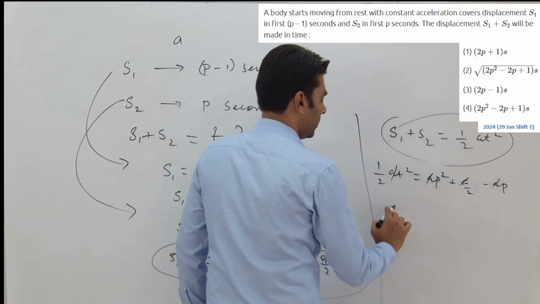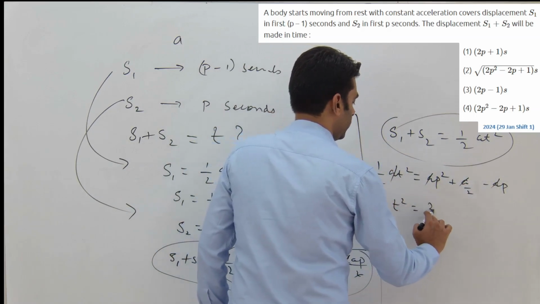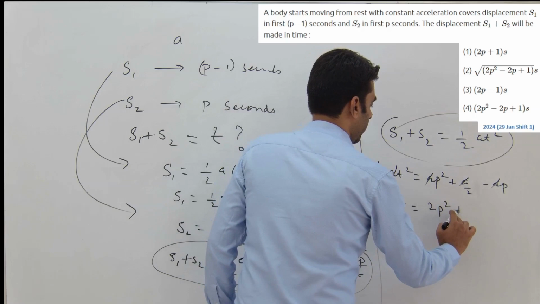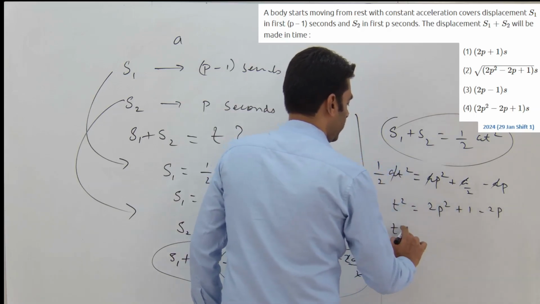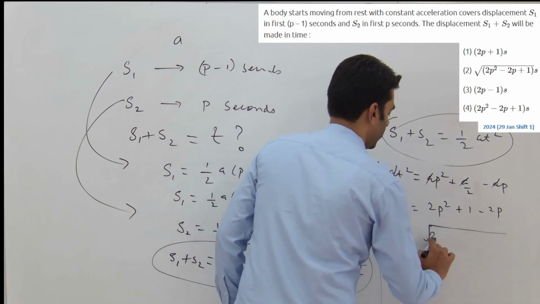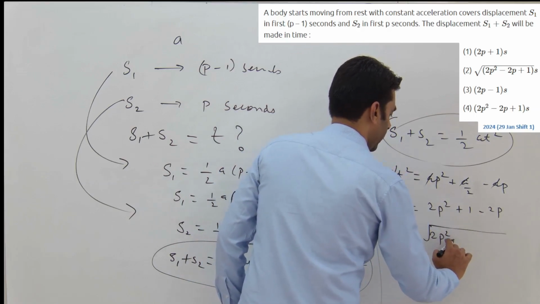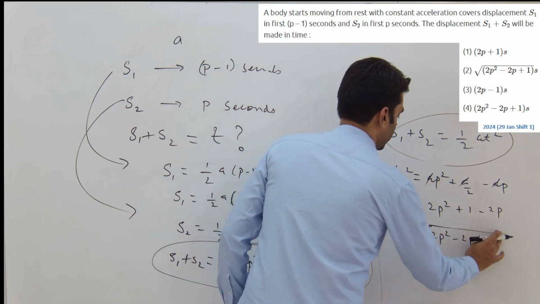A cancels out. T square is equal to 2p square plus 1 minus 2p. T value comes out root over 2p square minus 2p plus 1, right?